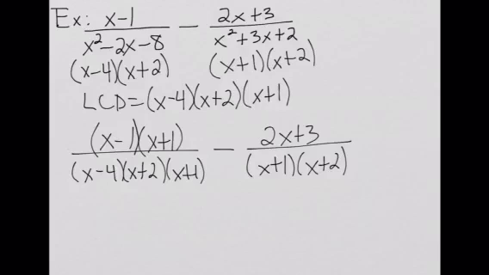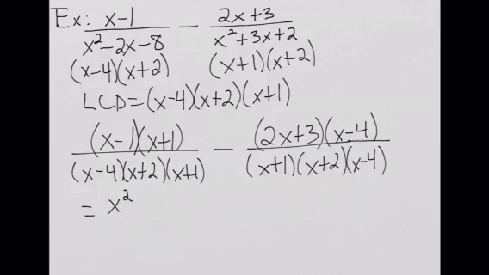And now if I look at the second one, it's missing the x minus 4. And so also I'm going to multiply it to the top. So x minus 4, and again I'm putting parentheses here for clarity's sake. Alright, so now each one has that common denominator. So now what we have to do is fold each side out and then combine our like terms. So on the left side here we get x squared. Again, they're conjugates, they're opposites, so the O and the I part are going to cancel each other out.